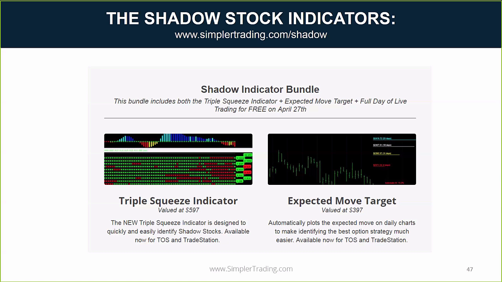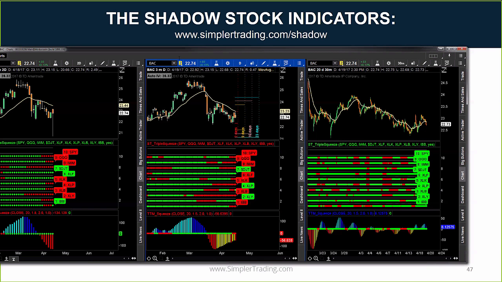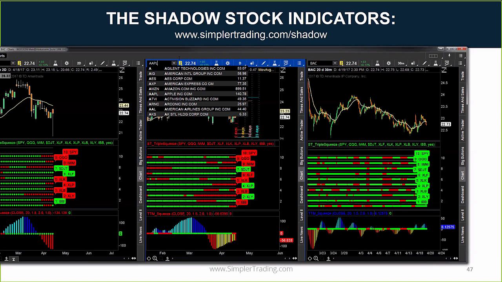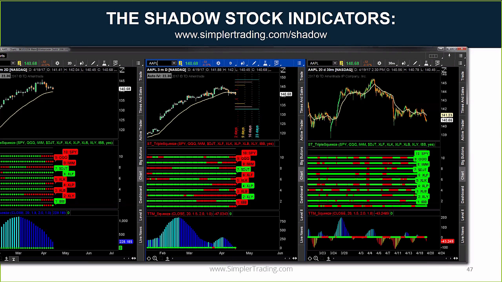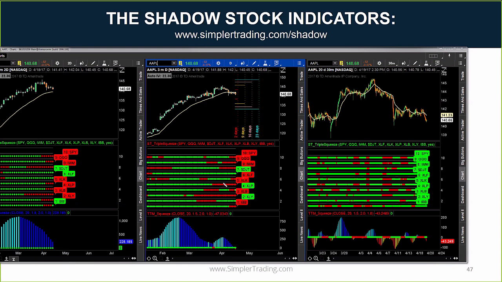How do you figure out whether to do a directional trade or an income trade? One of the things I've been doing is, if you look at something like Apple, you'll notice we've got some sectors setting up here, but Apple doesn't have a squeeze.